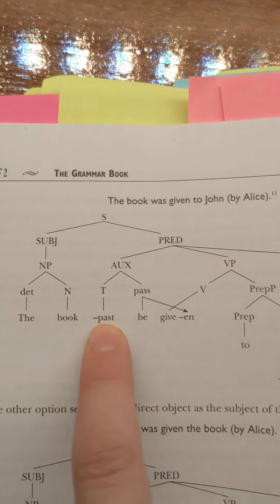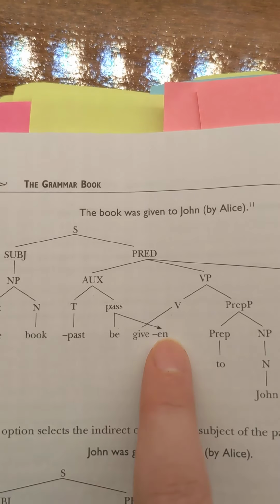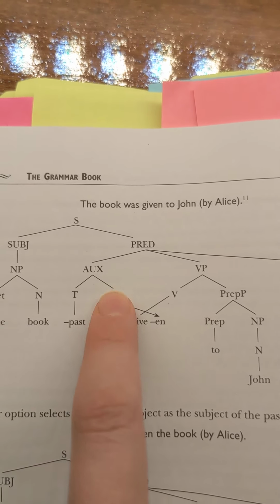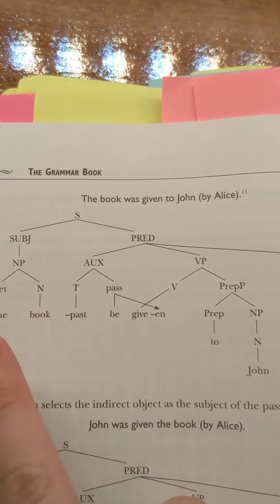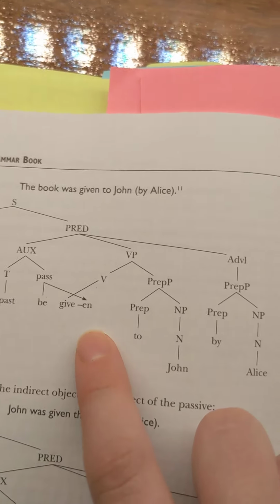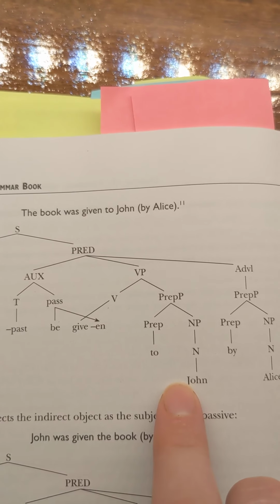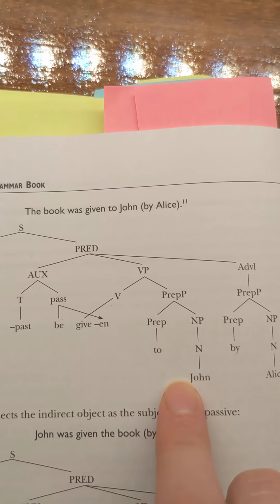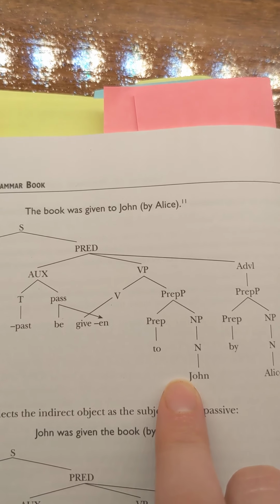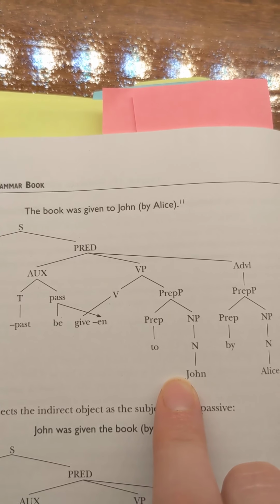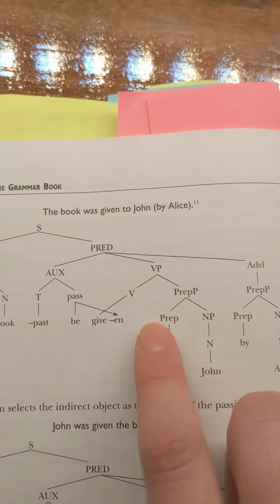But we are also marking the tense as past. That's why we have be under passive, because it's different than the tense, right? It's a whole separate thing. Now, to John is part of the verb phrase because it is the indirect object of give. So it's part of the verb phrase.